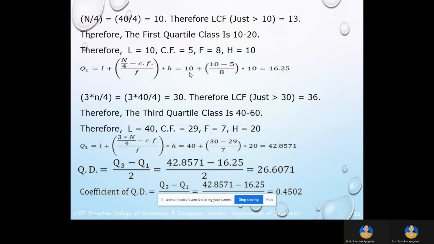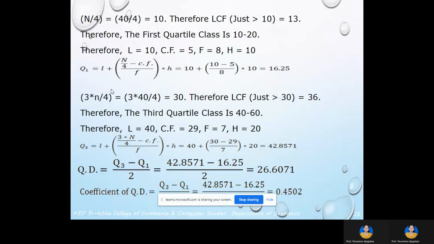So lower limit is 10, plus n by 4 is 10, minus cumulative frequency of previous class is 5, divided by frequency of the class is 8, and into class width is 10. So when we substitute all the values in the formula, we get first quartile equal to 16.25.